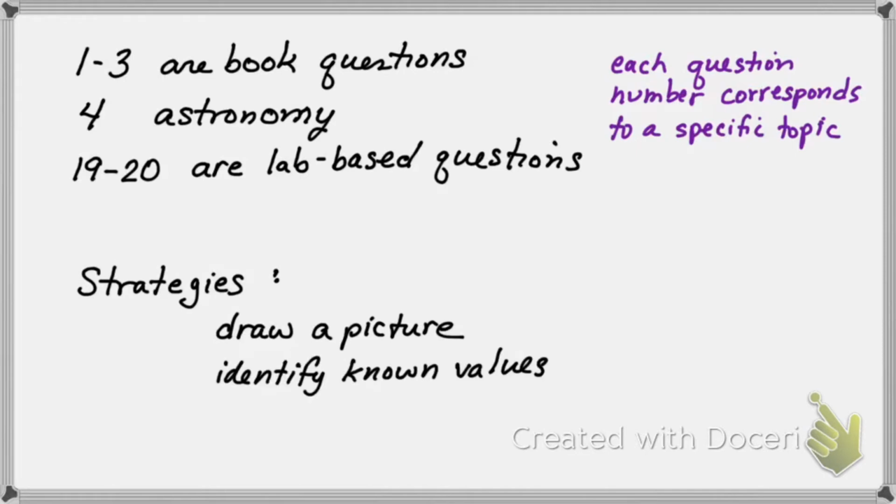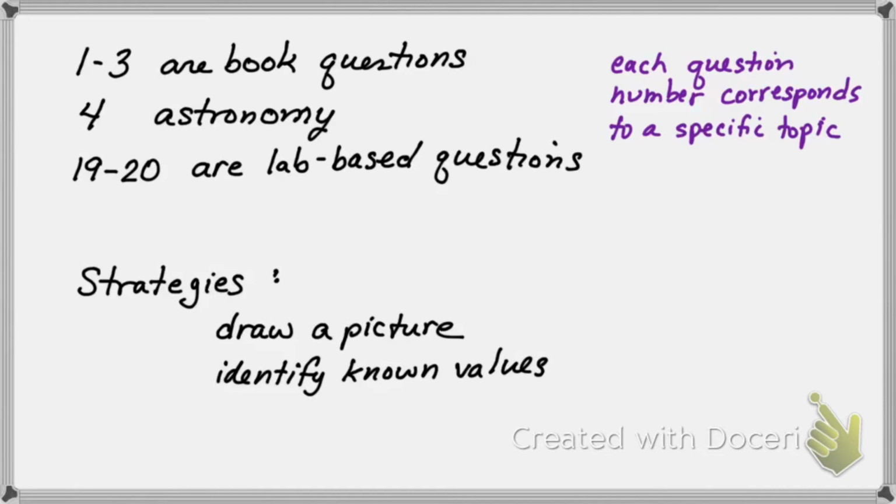Identify your known values. A lot of values are given. Like I said, most of the problems 5 through 18 are numerical. Very rarely do I make them entirely algebraic. Very rarely will you run into a conceptual question that doesn't involve a calculation. The vast majority will be numerical. So identify what values you know.